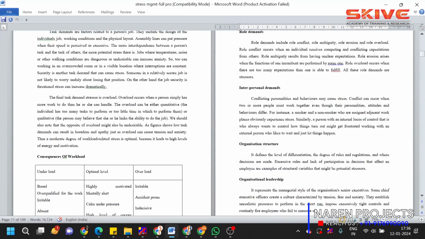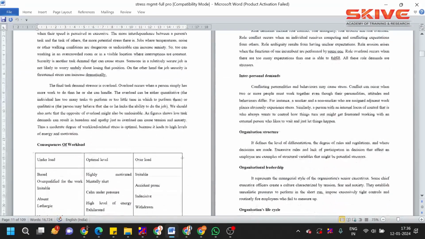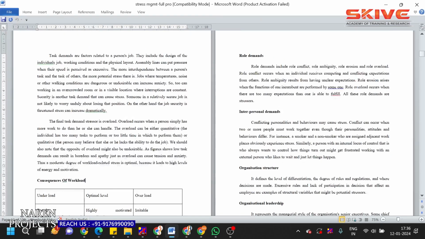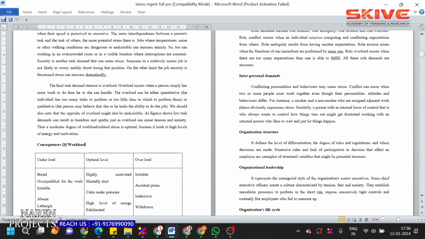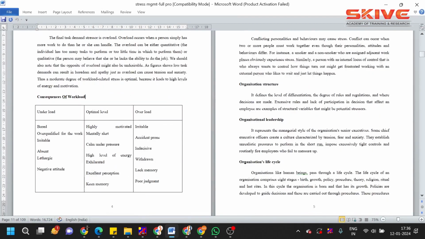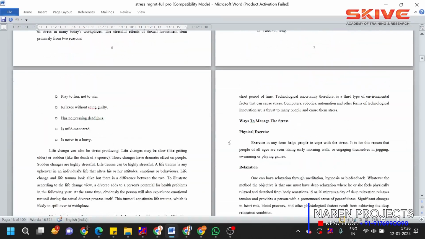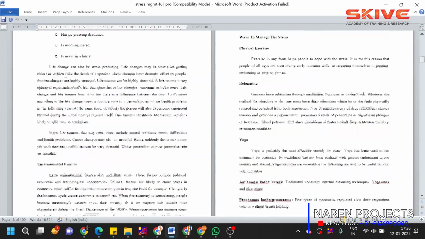Subheadings like the consequences of workload, role demands, interpersonal demands, organization structure, organization leadership and lifestyle were discussed. So these general things were discussed in the introduction part.